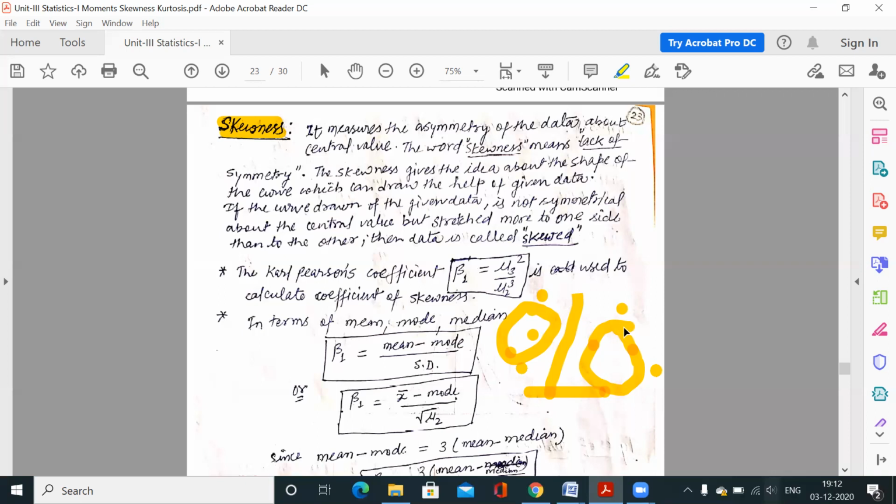But suppose on one side the points are more as compared to the other side.